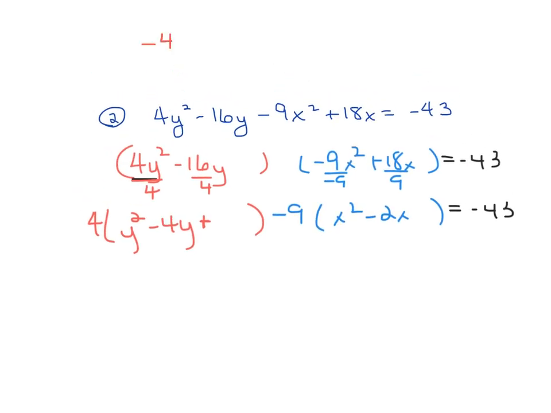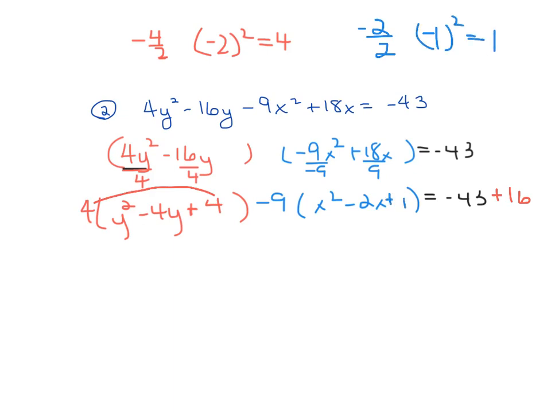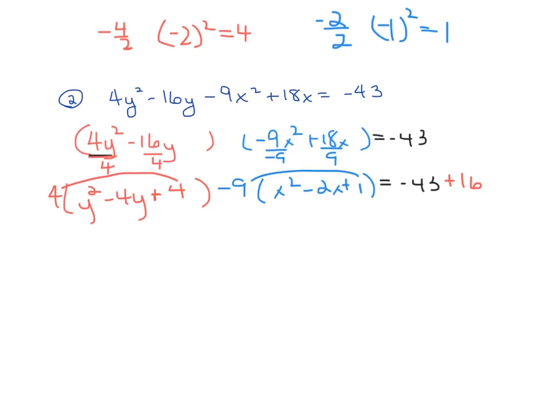So negative 4 divided by 2 is negative 2, and you square it. What we're adding in here is a 4, but when I go to add to the other side, remember to distribute what you factored out. So it's really a plus 16. For the blue, b term, divide by 2, square it. I'm adding a 1, but I'm distributing a negative 9.